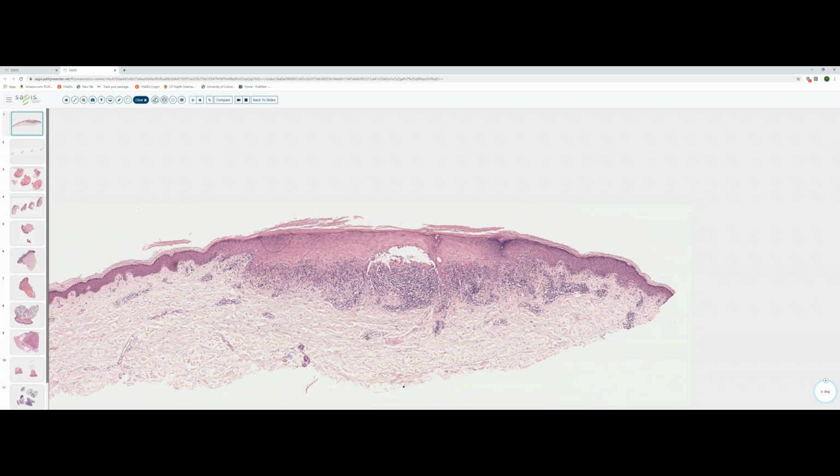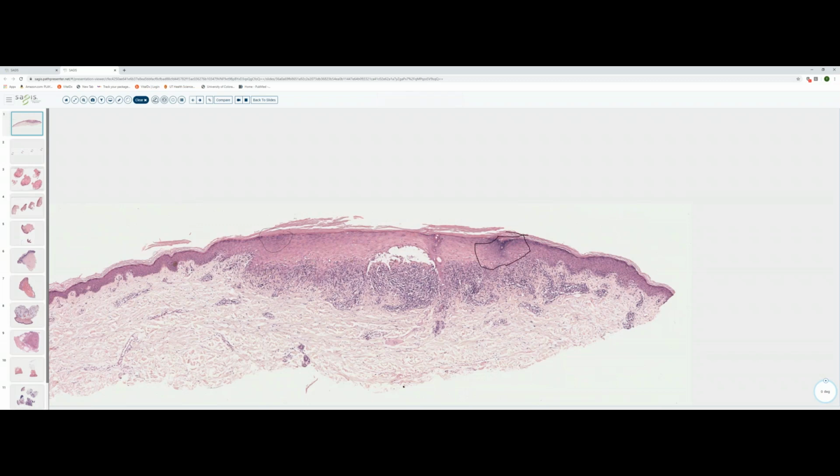Things that you might consider in the differential: lichenoid drug eruption. Typically with a lichenoid drug eruption, there's more parakeratosis within the cornified layer. In addition, the granular layer is usually characterized by zones of hypogranulosis and sometimes hypergranulosis, but you don't get the real defined wedge-shaped hypergranulosis that you see in this particular specimen.